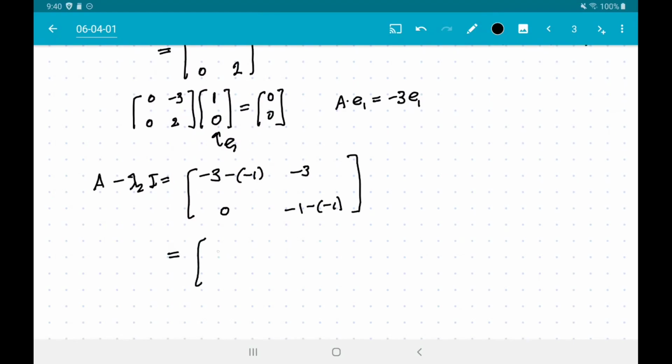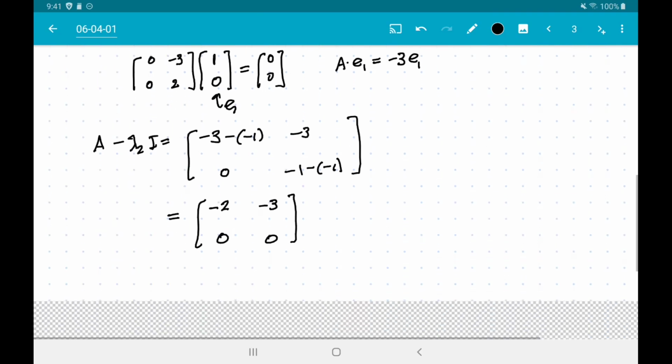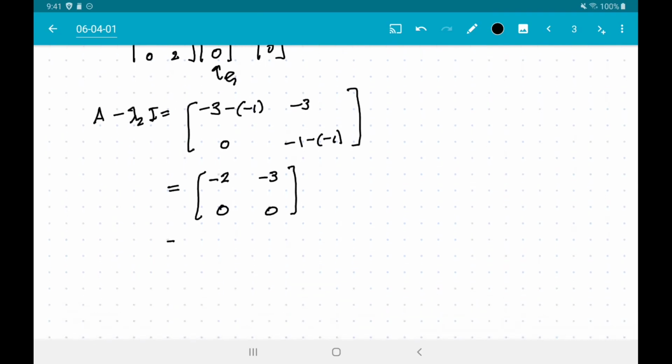Okay, -3 minus -1, so this is -2. And then we have -3 here, and then -1 minus -1 is 0. This matrix has a row of zeros, so it's clearly singular. That's good, that's supposed to happen. Now all we need is a vector in its null space, and that will be the eigenvector for the second eigenvalue.